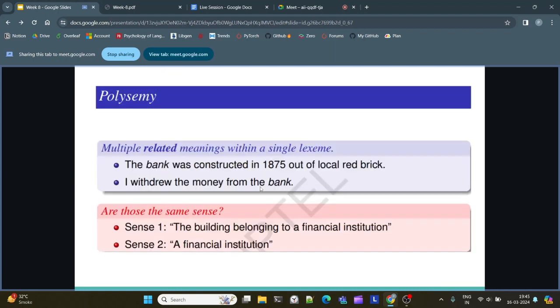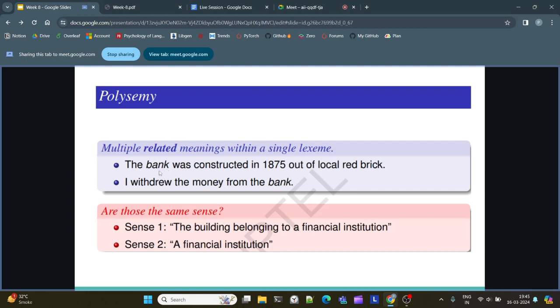And what is polysemy? Polysemy is where the words that would be associated have very similar meanings, such as we see in these two sentences here. The bank was constructed in 1985 out of local red brick. Here, what does bank signify? Here, bank means the building that is associated with the financial institution.